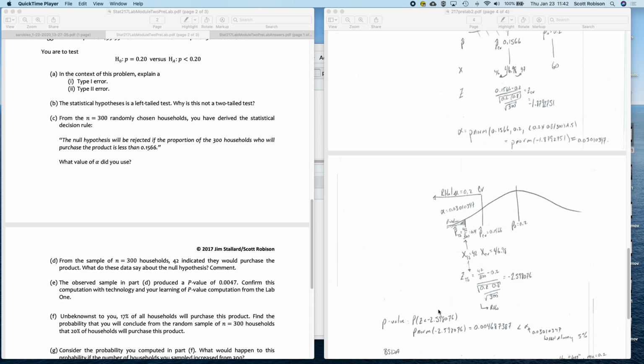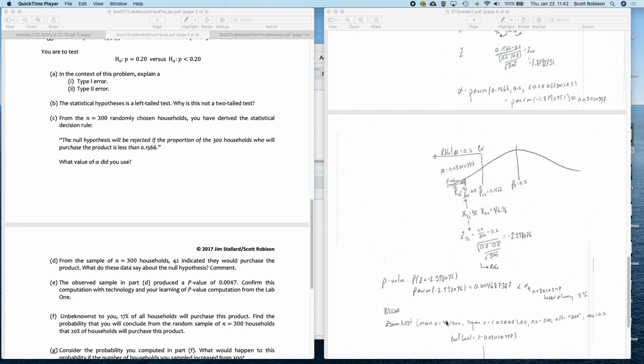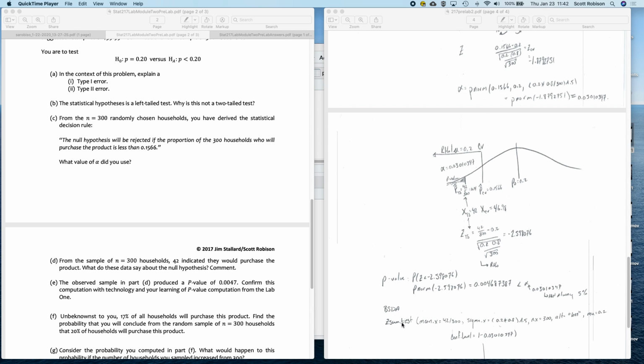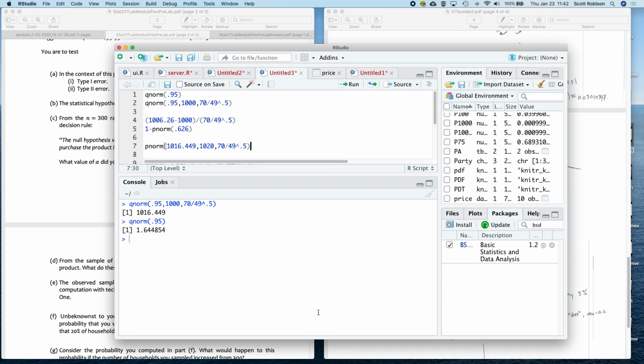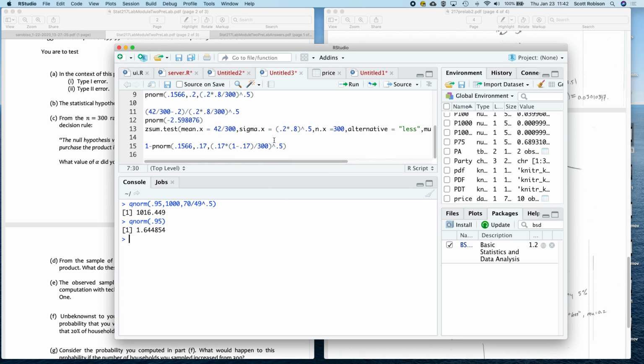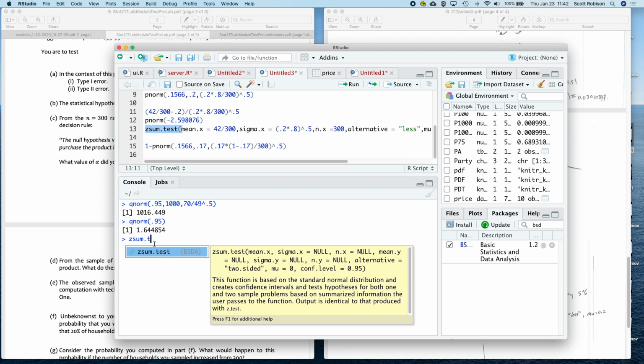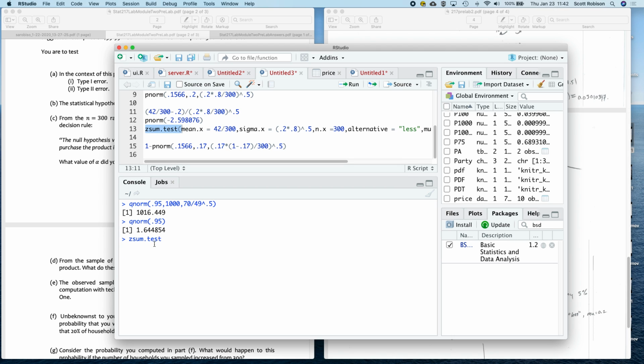There are additional ways of finding the p-value. So here I calculated the test statistic by hand and then just found the tail area using R. Of course, you could use the BSDA package if you like. The only thing you have to be careful of is instead of using t-sum, which you'd use if you didn't know the population standard deviation, here we're going to use z-sum because this is a test on proportion.